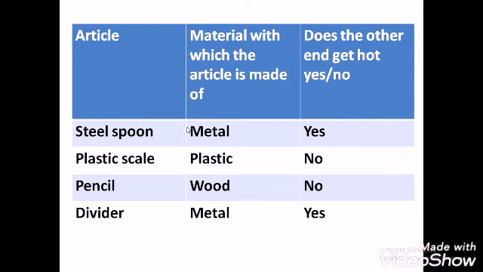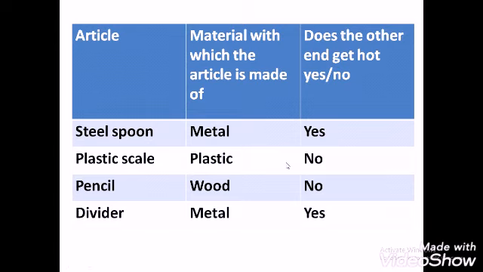Next one, plastic scale. It is made up of plastic, and does it get hot? No. Third one, pencil. Pencil is made up of wood. Is the other end hot or cold? Yes, it is cold. Then the fourth one is divider. It is made up of metal, so the other end gets hot. Okay, this is the observation.